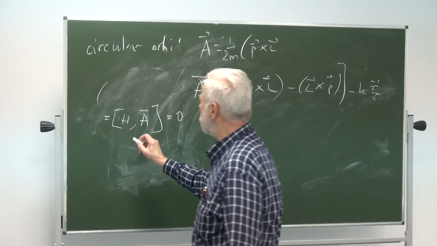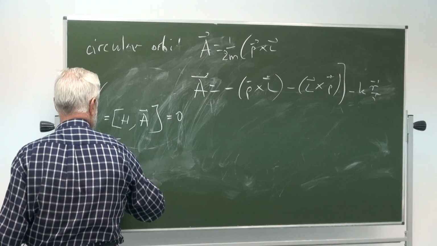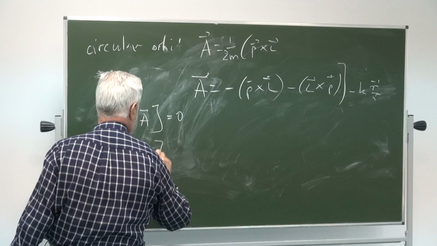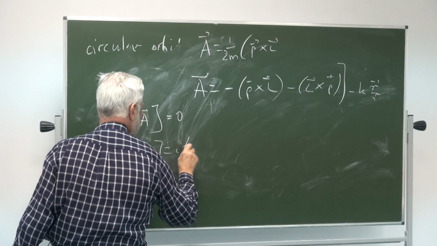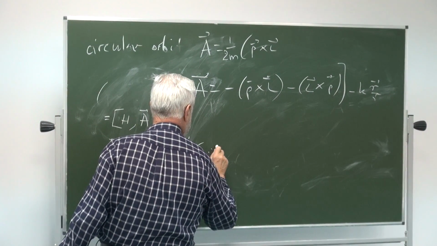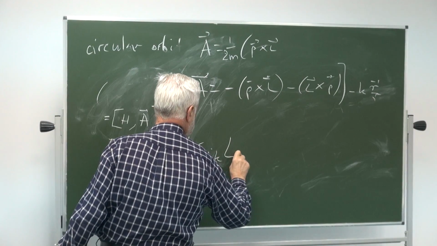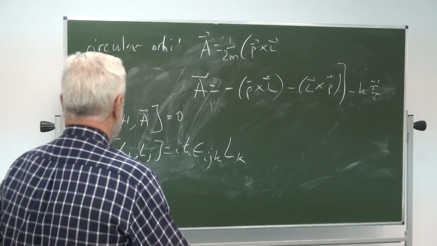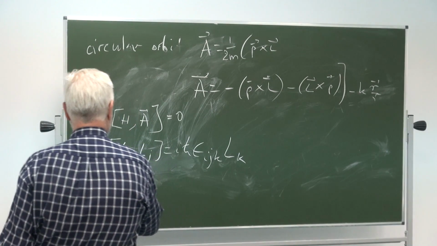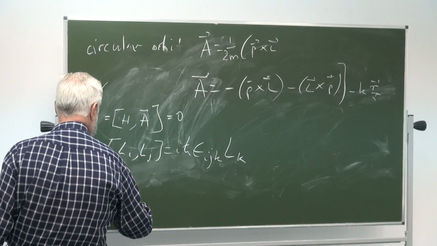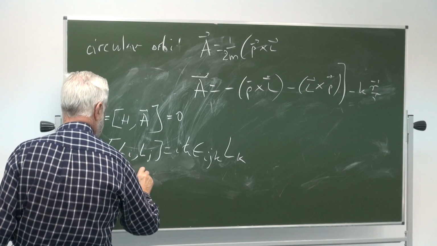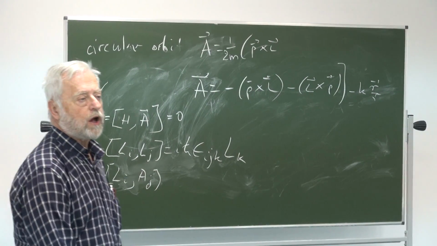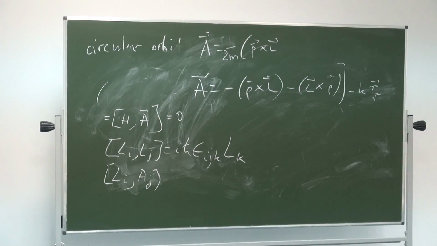Now the next commutator is something that we know very well. Angular momentum is obeying the standard form. Something interesting is the commutator of angular momentum with components of the Runge-Lenz vector.